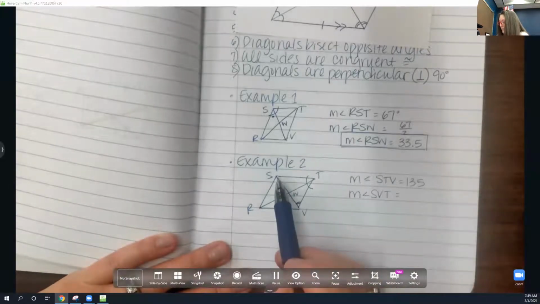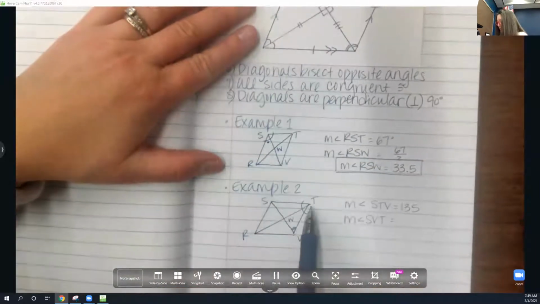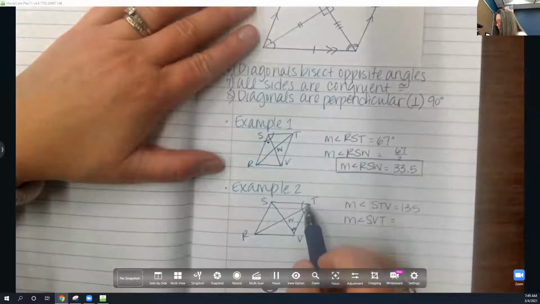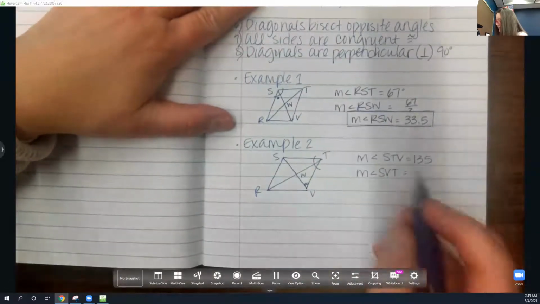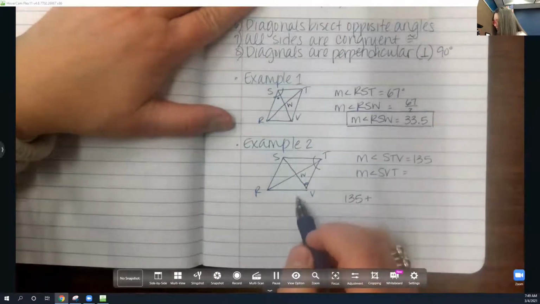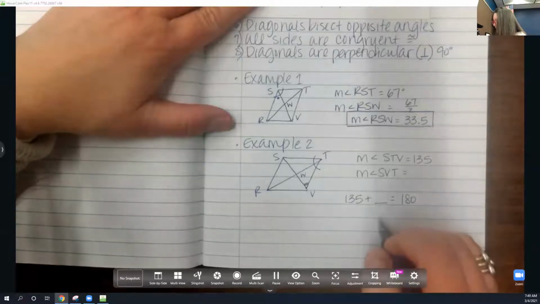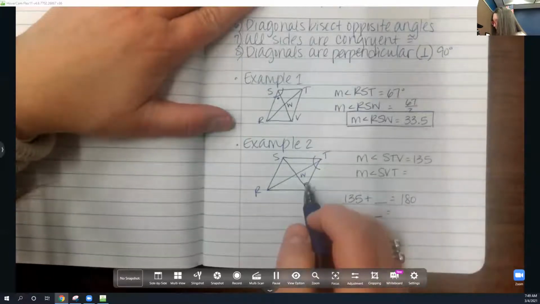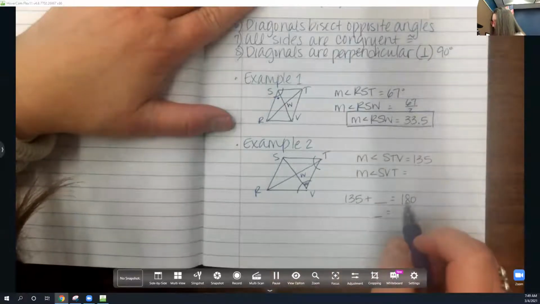So what do we know? Well, we know from parallelograms that our consecutive angles, this one and this one, are going to be supplementary, meaning they add up to equal 180. So 135 plus this whole angle is 180. So that whole angle here is 180 minus 135.